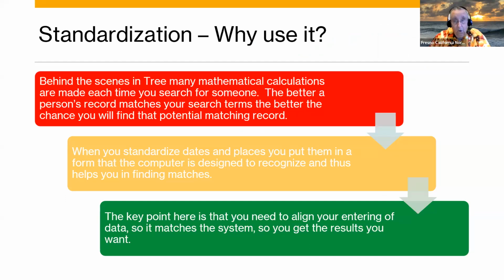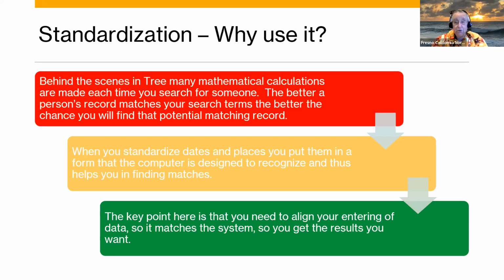So, standardization. Why do they use this? Well, behind the scenes, something that we might not be aware of is that there's a mathematical algorithm being used to help find people when we ask to find someone with a search. That algorithm is tied to the record we're working with or the search terms we put in as we search for somebody and the records that are out there, and they try to find good matches.